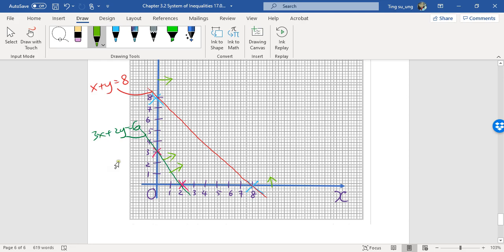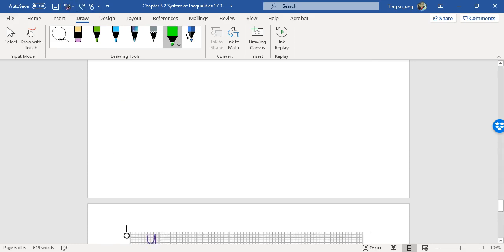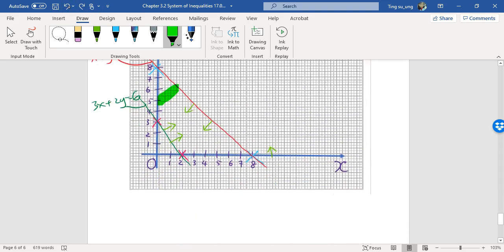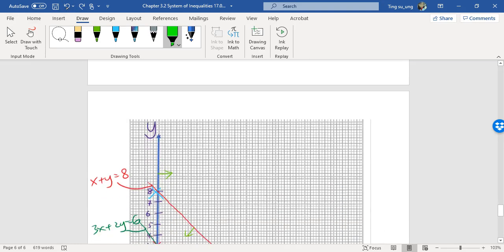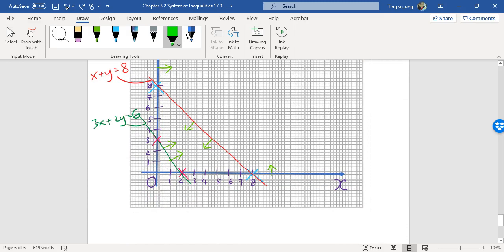After that, x plus y is less than 8, so it's this part. So where will the shaded region be? It will be this side. Don't cross the border here. So it will be this part.